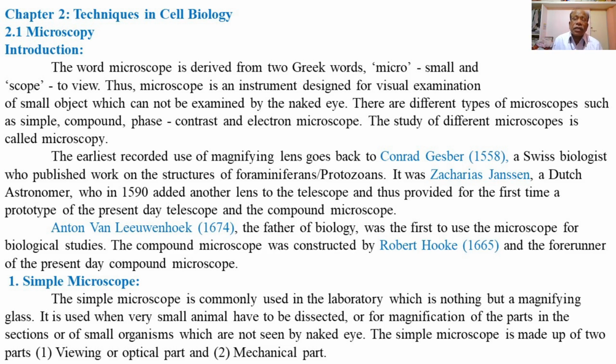Small organisms can also be observed using this magnifying lens, called a simple microscope. The simple microscope is made up of two parts: the viewing or optical part, and the mechanical part.